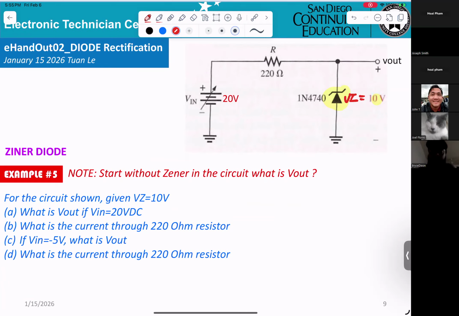Okay, now for the diode, either zener or normal, first thing, you're supposed to suppose there is no zener diode there. Forget this guy.